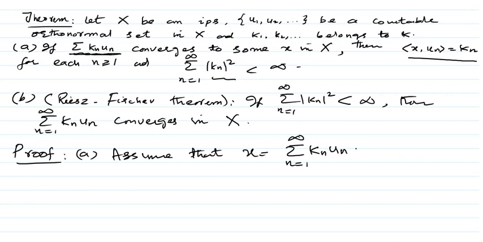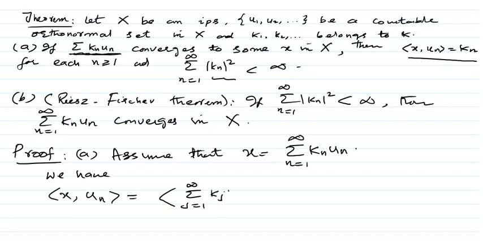We will show that the inner product of X and Un is equal to Kn. We have the inner product of X and Un. What's X? X is the series. So let me write it like this: the sum over j from 1 to infinity of Kj Uj, inner product with Un.